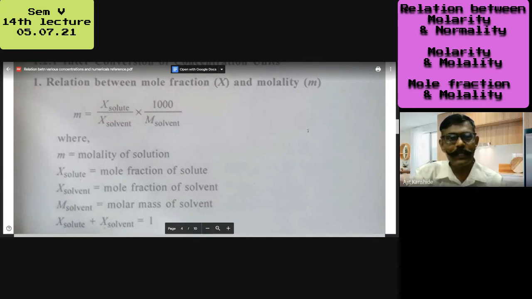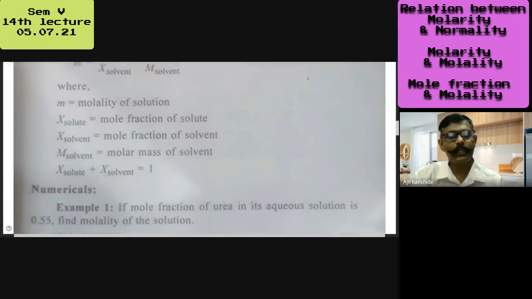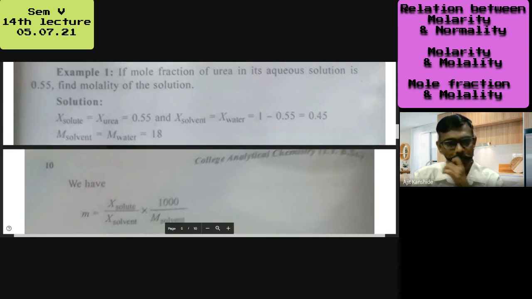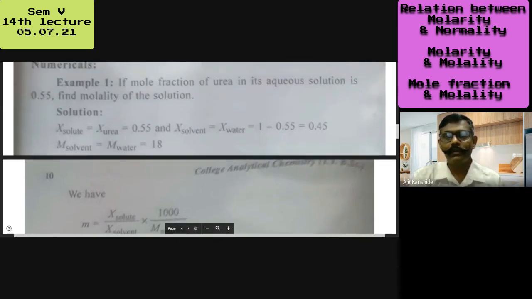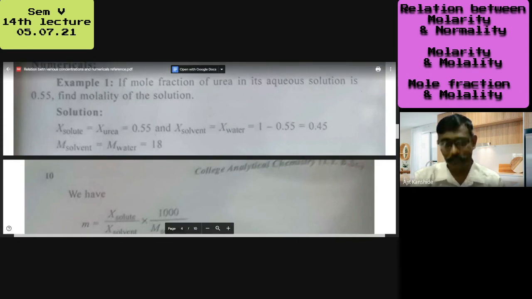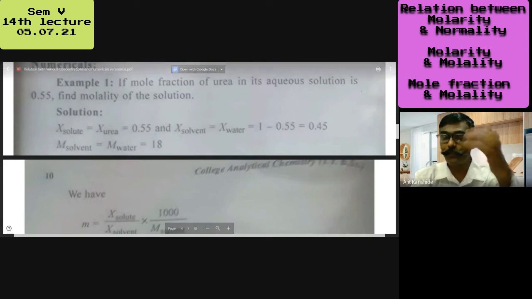Now based on that, the formula is there. There is a numerical, example number 1, which you can simplify. Here they have given the mole fraction of urea in a solution, and you have to find the molality with the help of that relation.